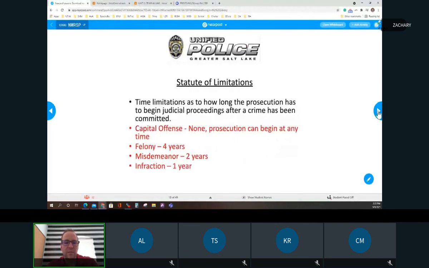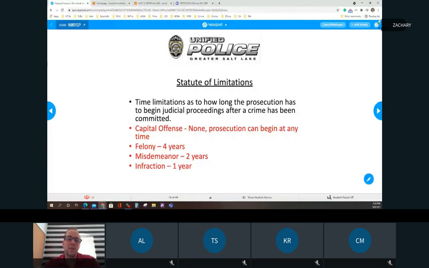So, statute of limitations. I'm not sure what that means, Nathan. For some offenses, there's what's called a statute of limitations, which means they need to be brought up in a certain amount of time. If it goes past that time, it just goes away. So a regular infraction is just up to a year, if nobody comes and brings that up.